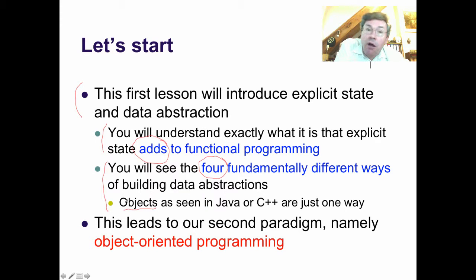You will see all 4 ways, and you will see how some modern languages are actually taking advantage of more than one, but you will have the complete view of all 4. This leads to the second paradigm, which in fact is based implicitly on data abstraction, and this is the paradigm of object-oriented programming.